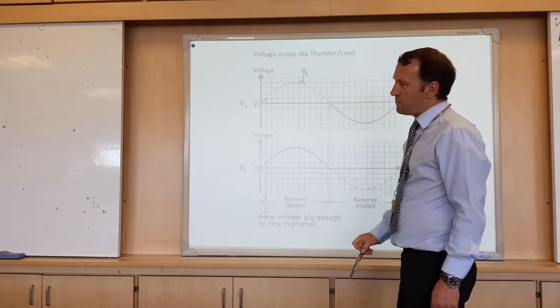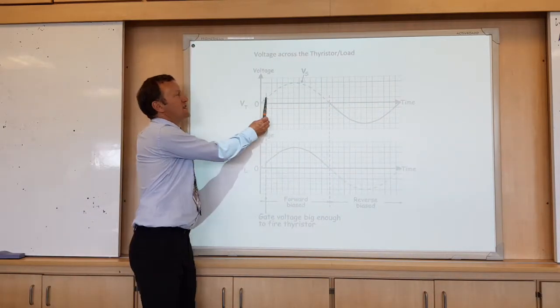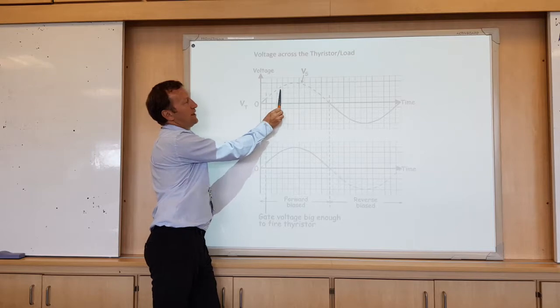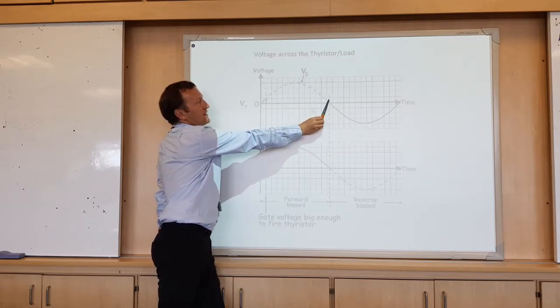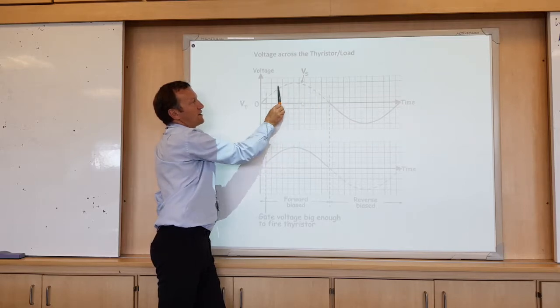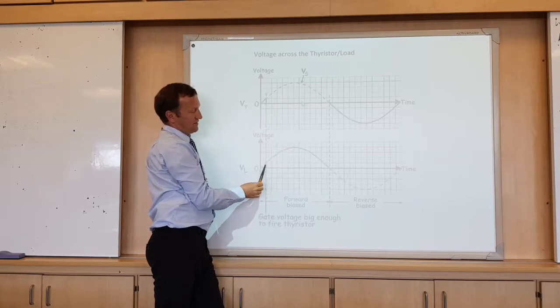To change the dimming, we change the value of the variable resistor, and it effectively moves this point later and later, until eventually it never comes on at all. This is always the opposite of that.